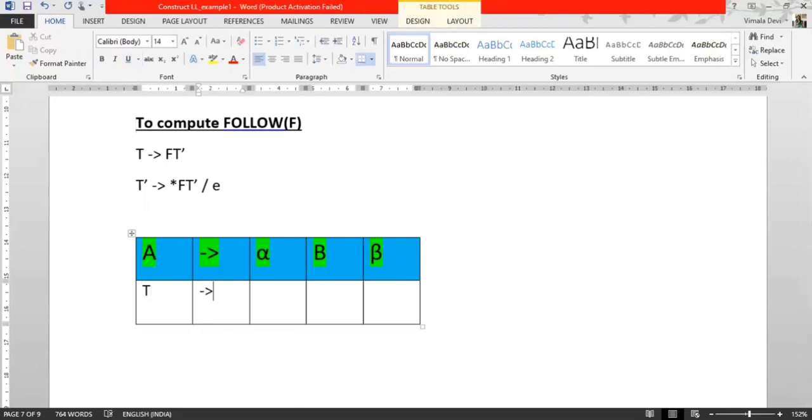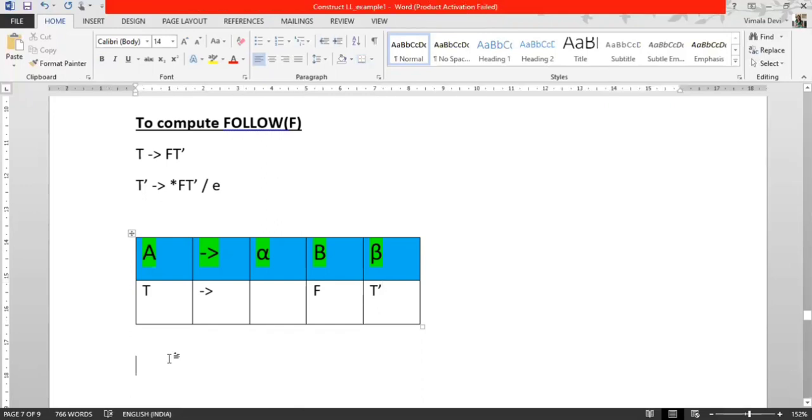T derives, here F should come and this must be the T'. T derives F T'. So in fact after F there is T'. So what is follow of F? Follow of F is equal to first of T'.